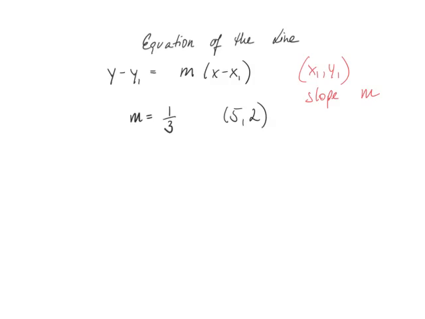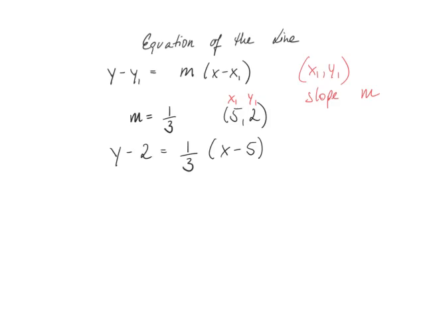Okay, so let's label this x1, y1, and let's put it into the formula. So that would be y minus 2 equals our m, 1/3, times x minus x1, and that is 5. Okay, so we need to rearrange this.